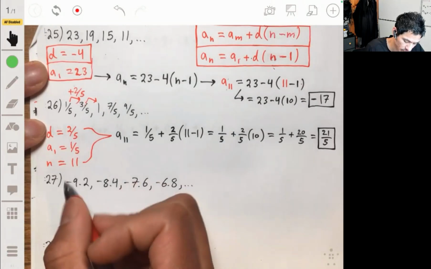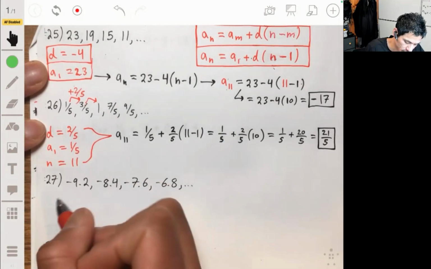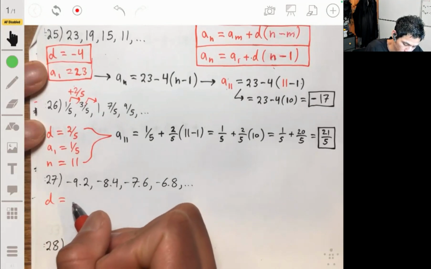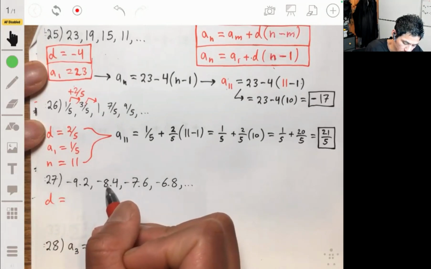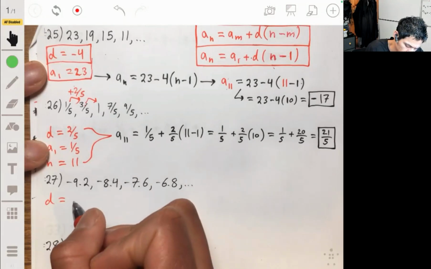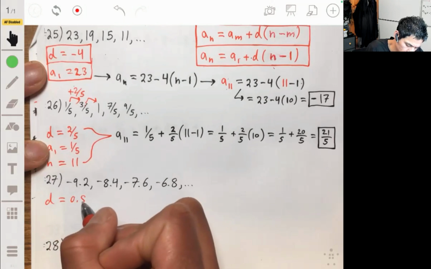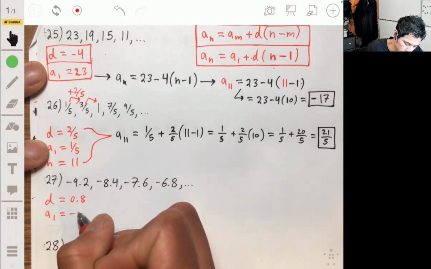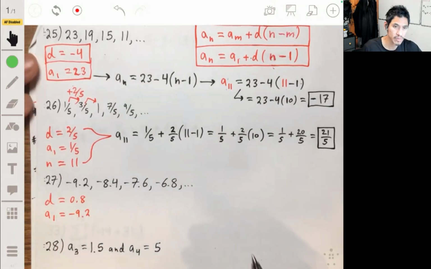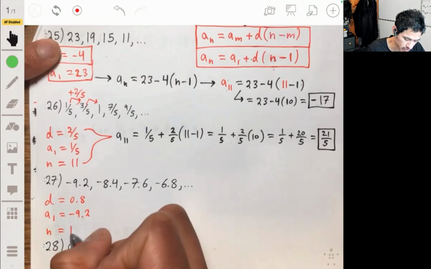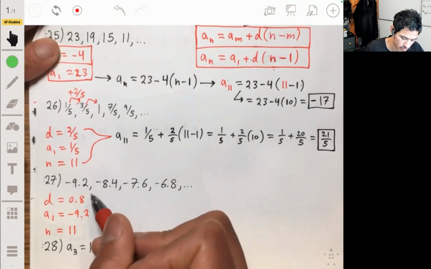27, our common difference is going to be a positive 0.8. A1 is negative 9.2. And our n again is 11 because we're still trying to find the 11th term.